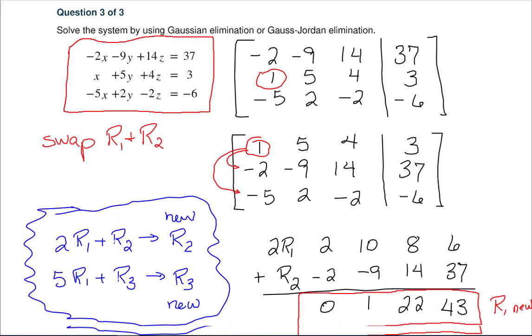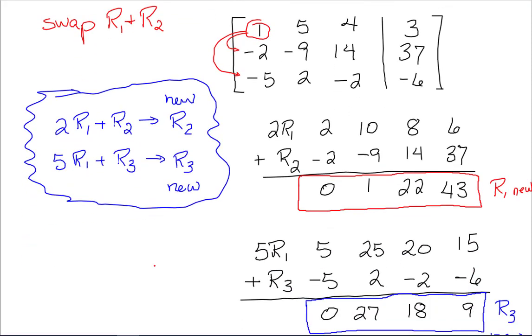So my plan at that point is going to be to use this 1 to make a 0 there and there. How do I do that? Well, 2 times the 1 would make that a 2. 2 add -2, 0. That's good. 5 times row 1 makes that a 5, add a -5 is 0.